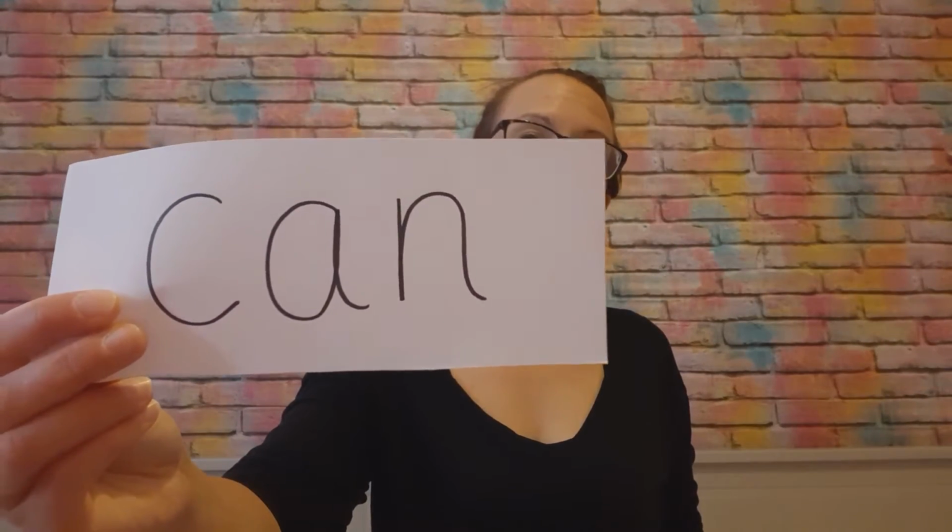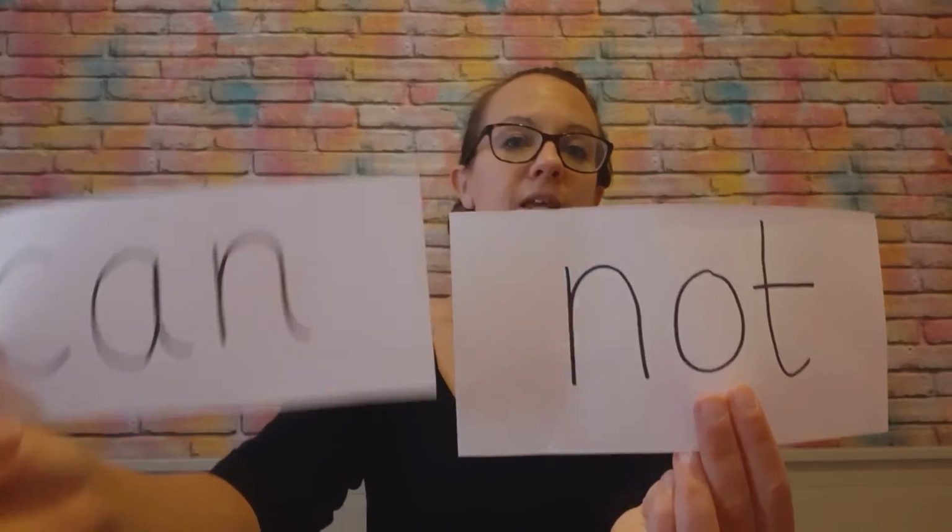So we are going to do, let me find my bits of paper. We've got this one, read that one. That's right, can. And then we've got not. So together that makes cannot. I cannot find my glasses. Cannot.